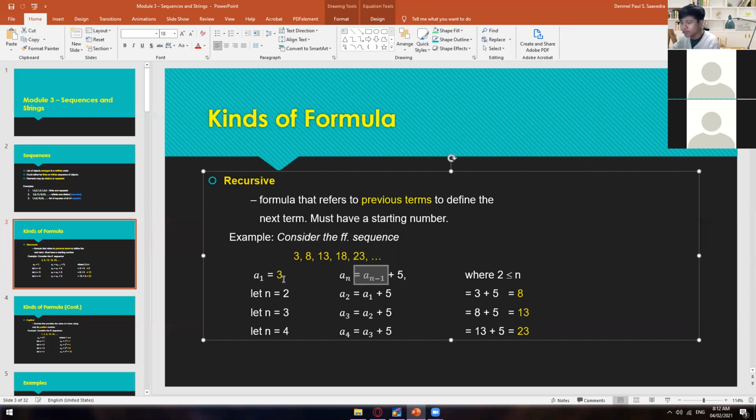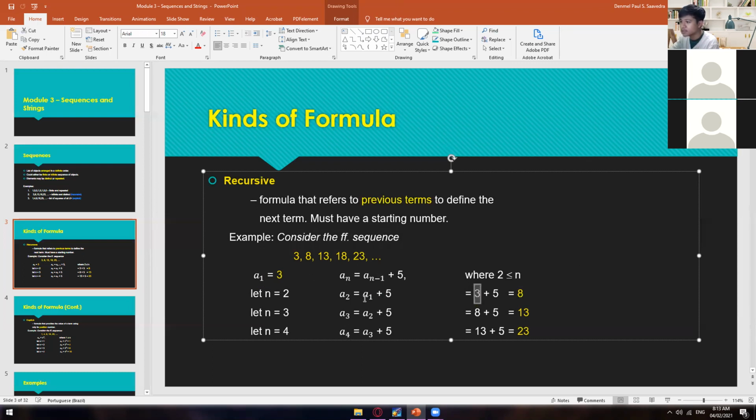So for example, this one, you already know the first term, then you will be able to identify also the second term just by knowing this formula. So a sub n minus 1, so just plug in the value of a sub 1, which is this one, plus 5. So a sub 1 is 3, plus 5 is equal to 8.